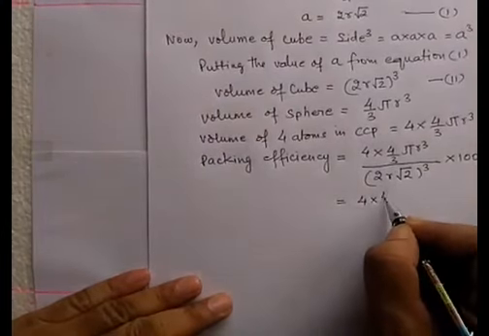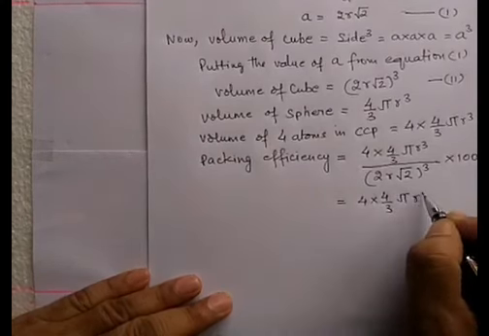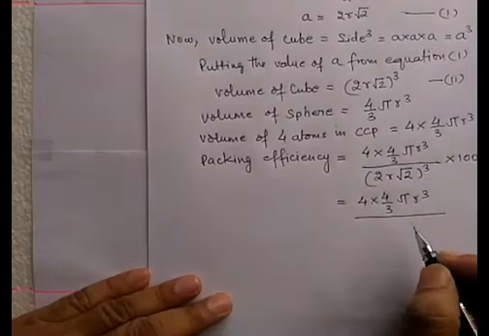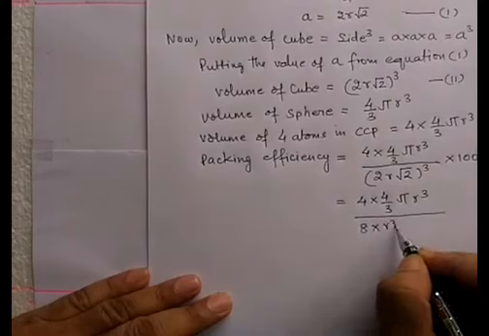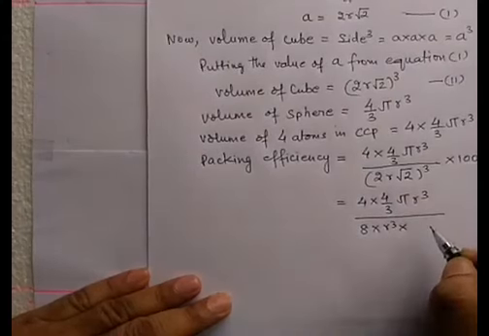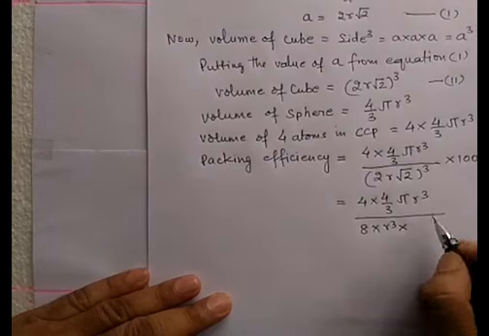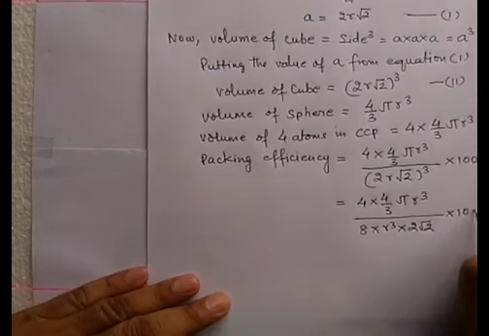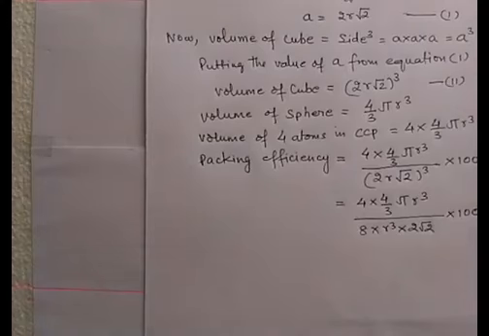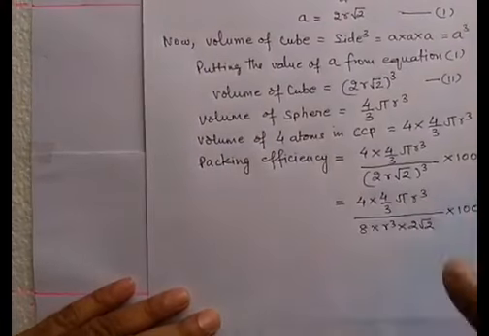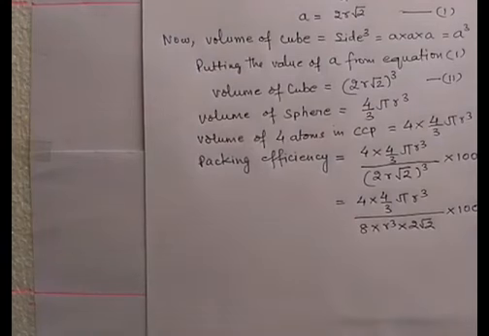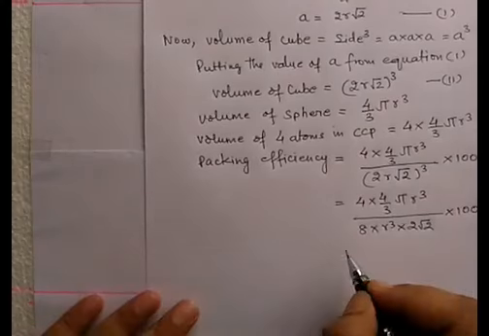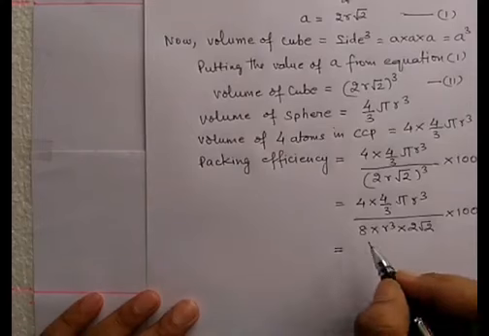So when calculated, this is going to be 4 into 4 by 3 pi r cube, and taking the cube of these values, it turns out to be 8 into r cube into 2 root 2 remaining, and then this will be multiplied by 100. You can calculate this by taking the cube of all these values.